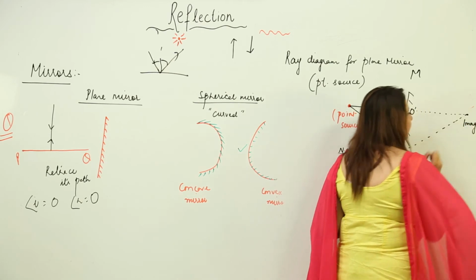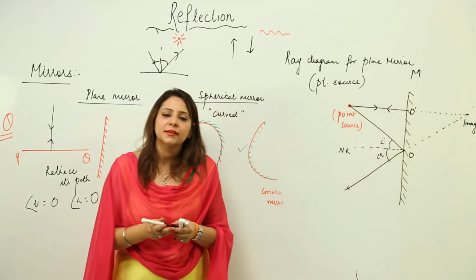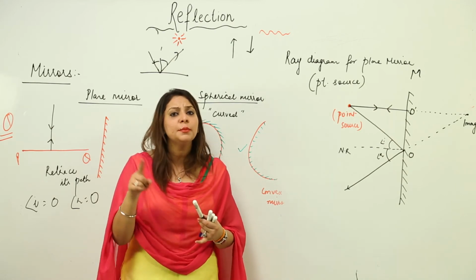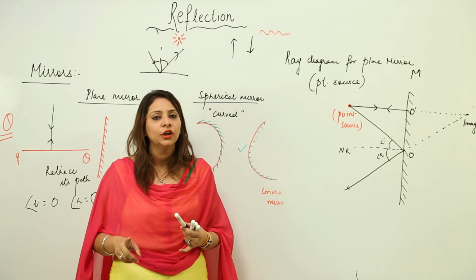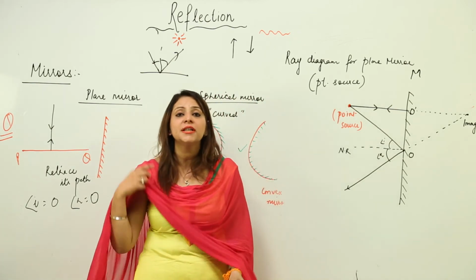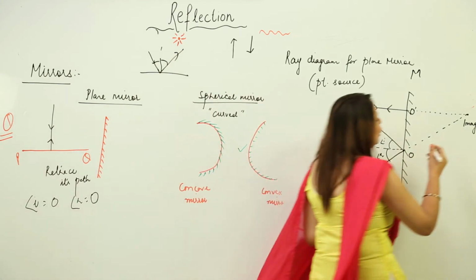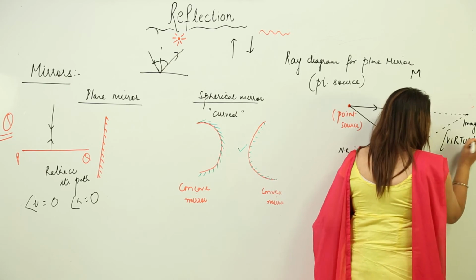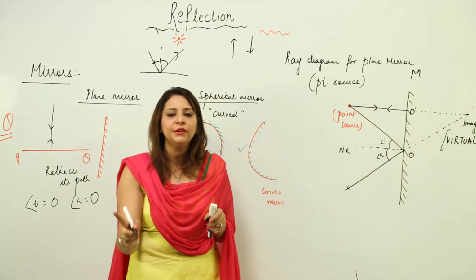Now, what kind of image is it? Is it real? Are the reflected rays actually meeting, or do the reflected rays just appear to meet? They are not actually meeting. So we see that in this case the reflected rays are not actually meeting, they just appear to meet at a certain point. So this kind of image is called a virtual image. I think you got it now, the difference between virtual and real.